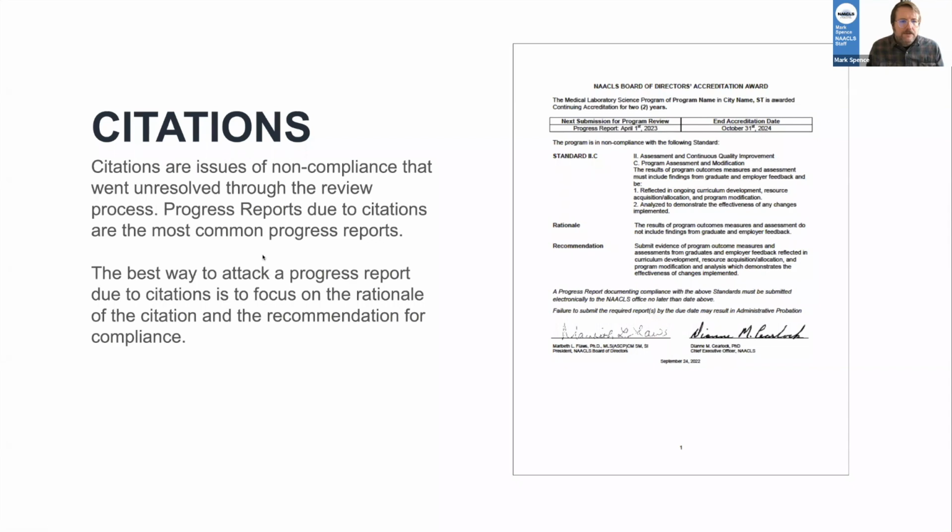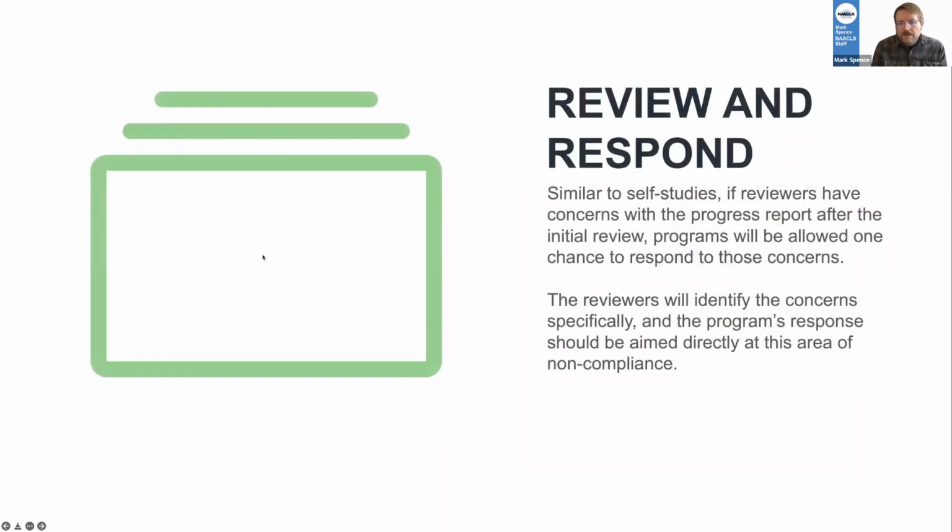Another thing to help remind everybody is that in the progress report, you will receive a progress report review, and similar to the self-study, you will have one opportunity to respond to that review before it goes to the committee, which determines whether it's compliant or not.